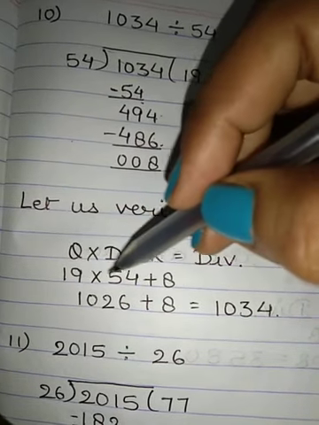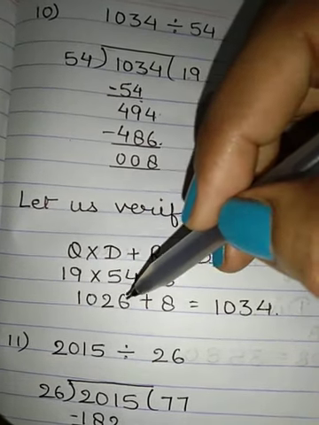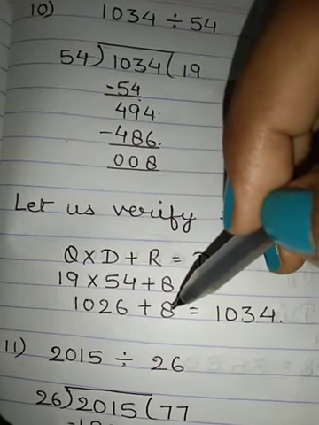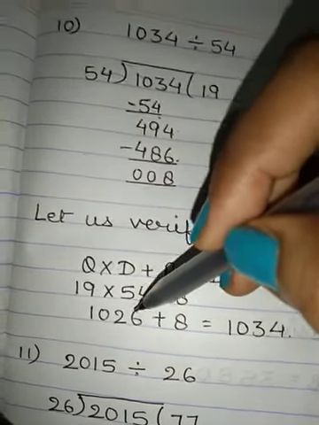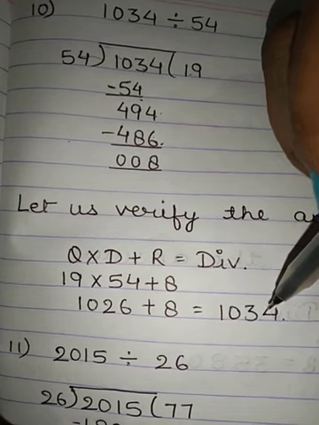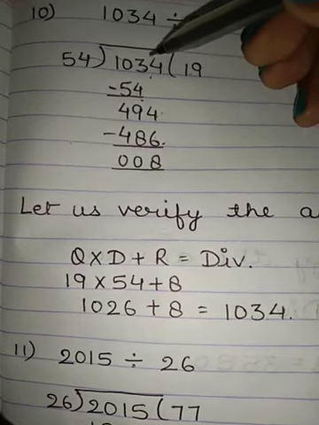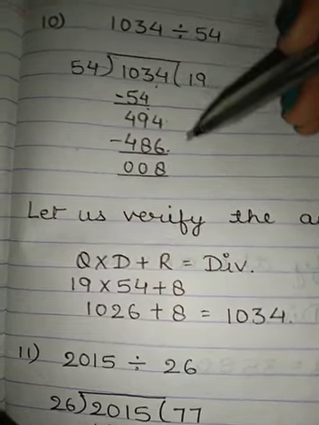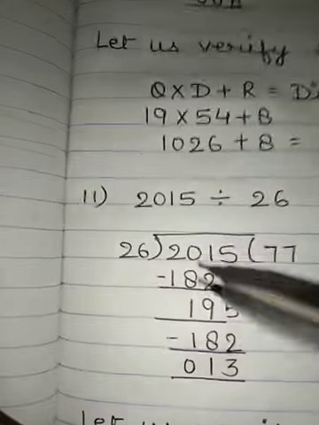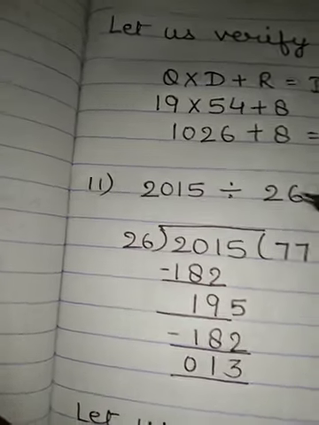On multiplying 19 by 54 it will come 1026, and on adding 8 to 1026 it will be 1034, and it is same as the given dividend in question number 10.